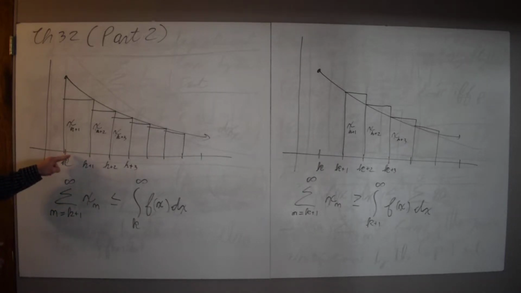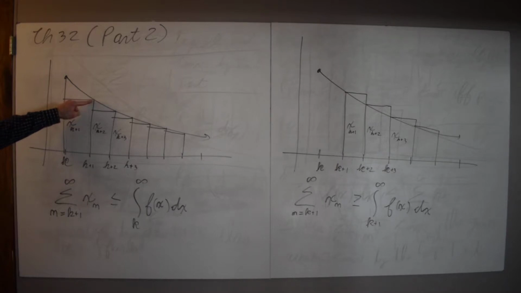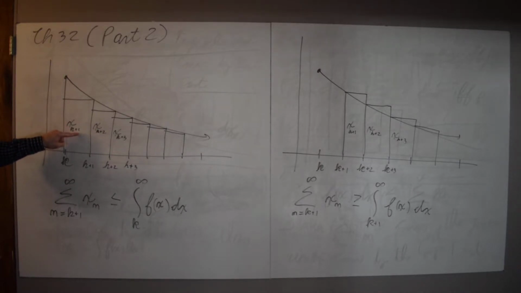And so when we do that, when we take the right endpoint as our function value here, then this rectangle has height x_(k+1) and has width 1. So it has area x_(k+1). This has height x_(k+2) and width 1, so it has area x_(k+2).